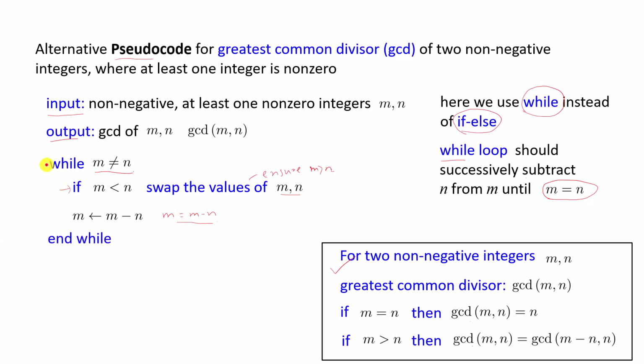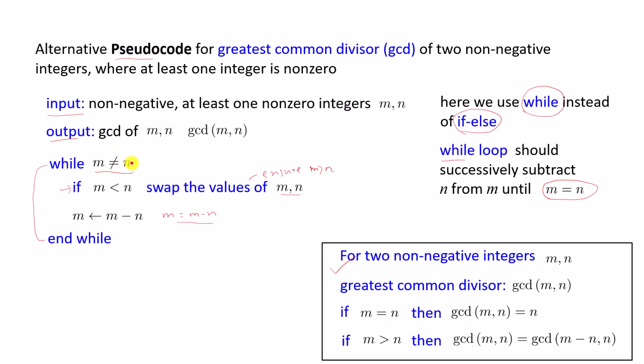Then it ends the while. So this loop will go on until m and n become equal to each other. So as long as m not equal to n, my program will be within this loop and the computer will keep on changing m within this loop. So you can see that the entire purpose of this loop is changing m.